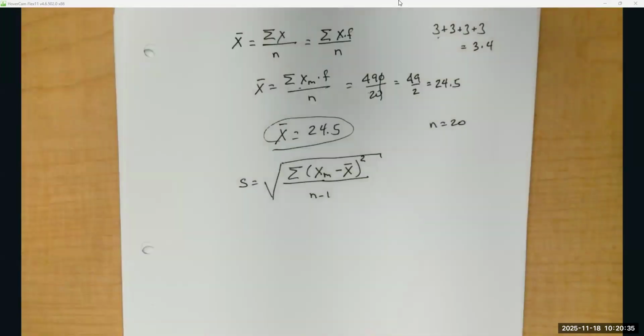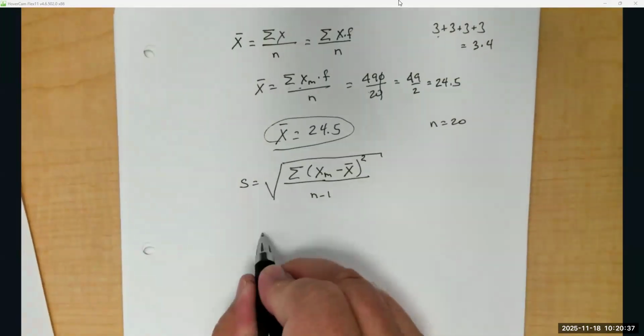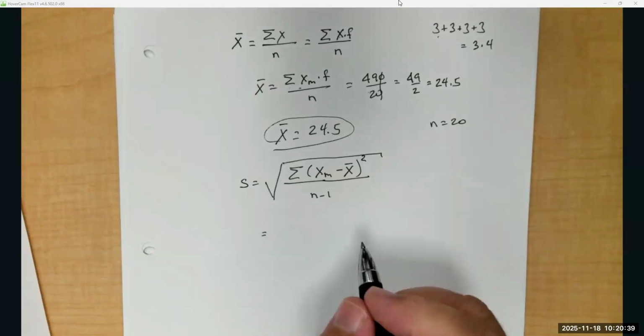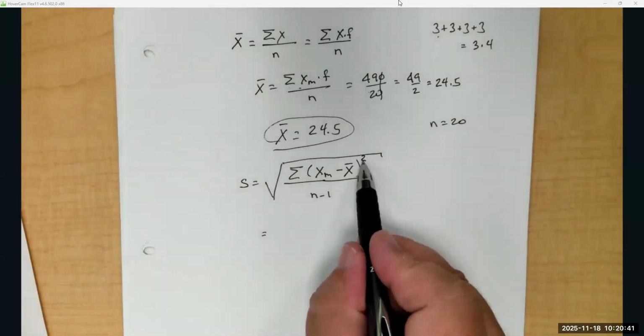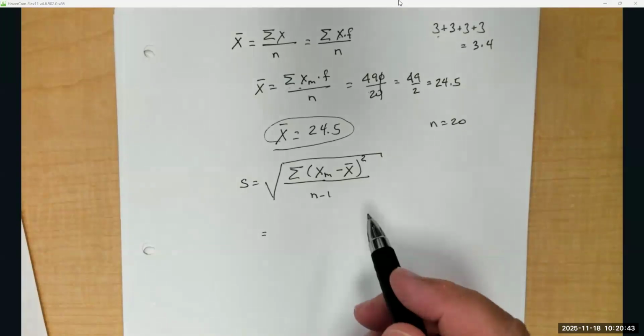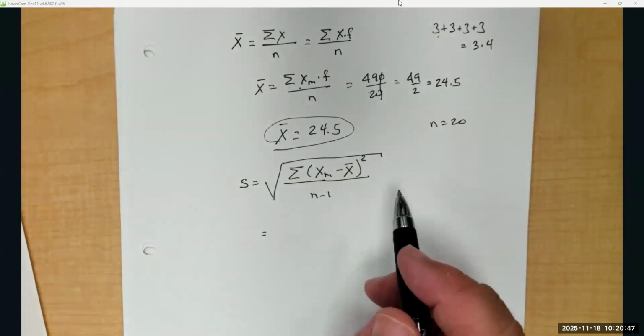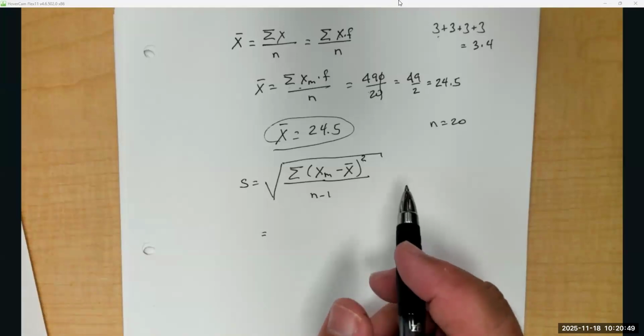So what did you get for the final answer? Negative? It can't be negative, because when we square it, it gets rid of all the negatives. Once you said negative, something went wrong with your calculation, so we can't use those.